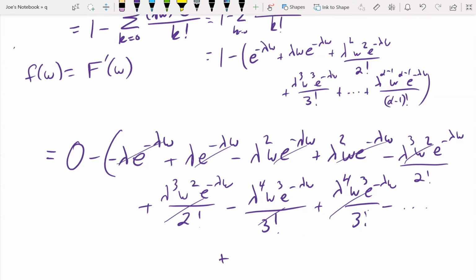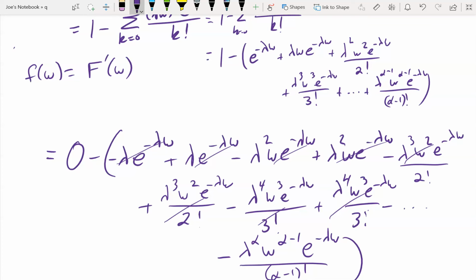And this won't be a plus, this will actually end up being a minus inside here. When I take the derivative of the e to the minus lambda w, we get lambda to the alpha, w to the alpha minus 1, e to the minus lambda w over alpha minus 1 factorial. No canceling in that factorial because we're differentiating e to the power.